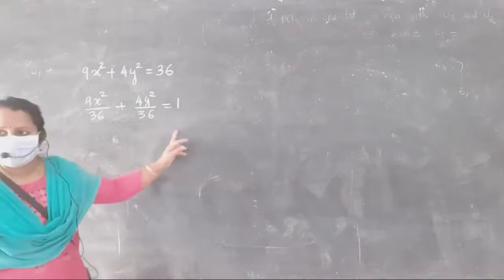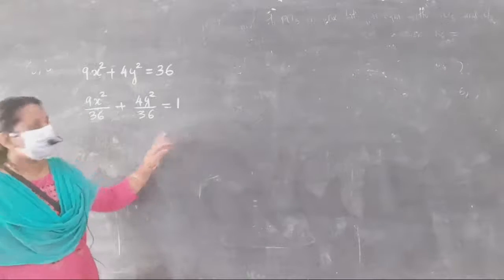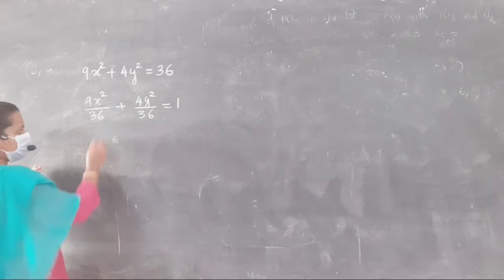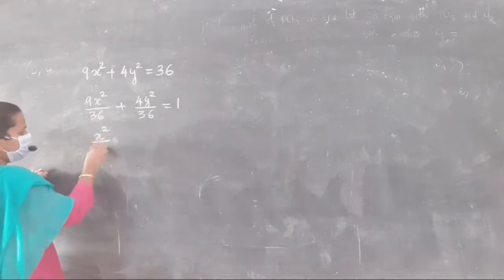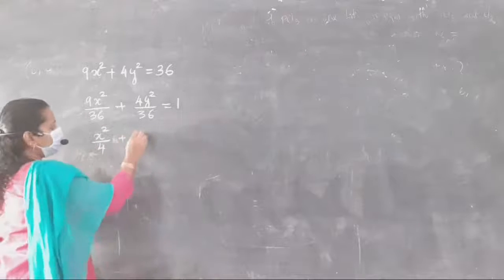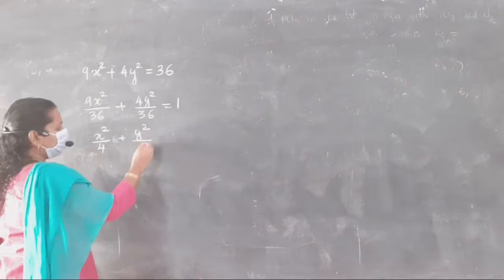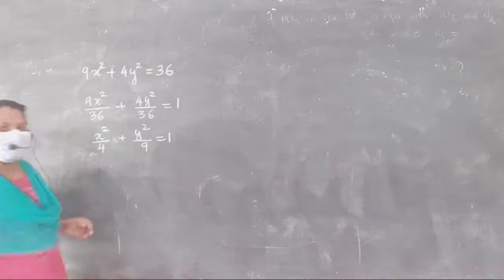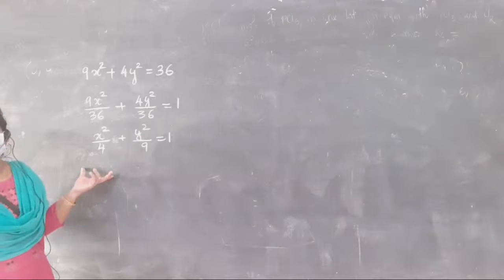Then 9 by 36 x square, that is x square by 4, plus y square by 9 equal to 1. Then what's the standard form?